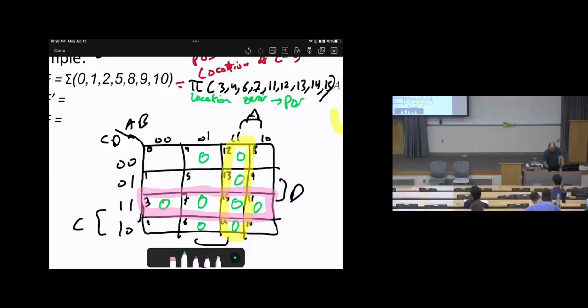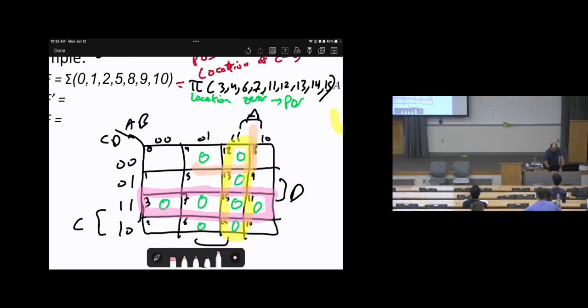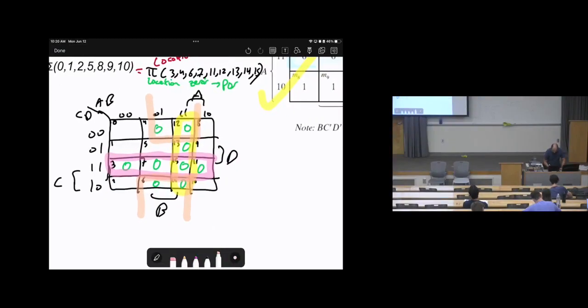Then we can group this. Right? So as a result, we can group each one. Let's look at the orange one.